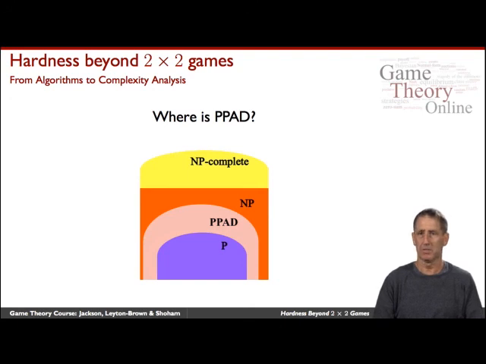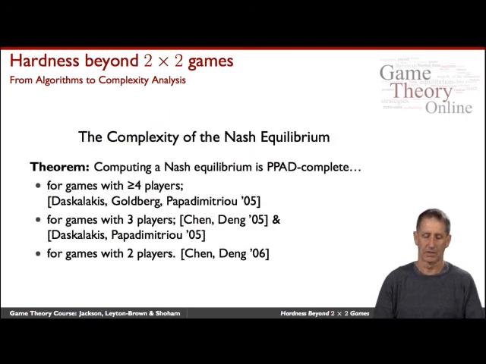It's widely believed that it does not, but proof doesn't exist. However, we do know that PPAD lies someplace in between P and NP. Now, what does that have to do with the problem of computing a Nash equilibrium? Well, that's where the following theorems come in.